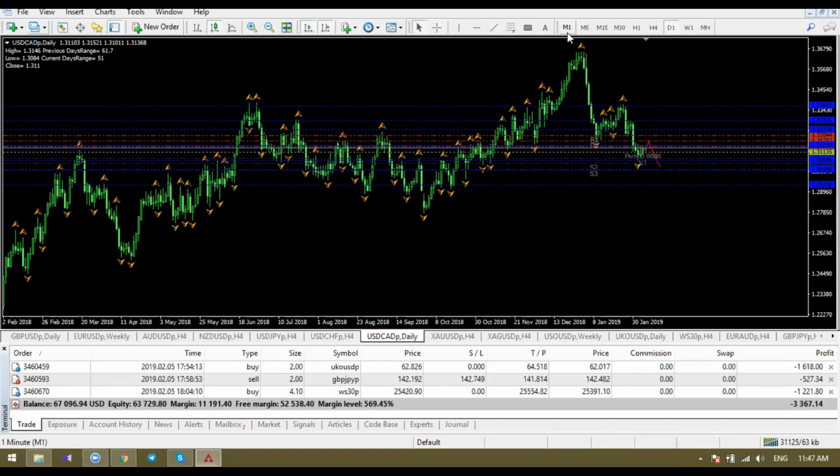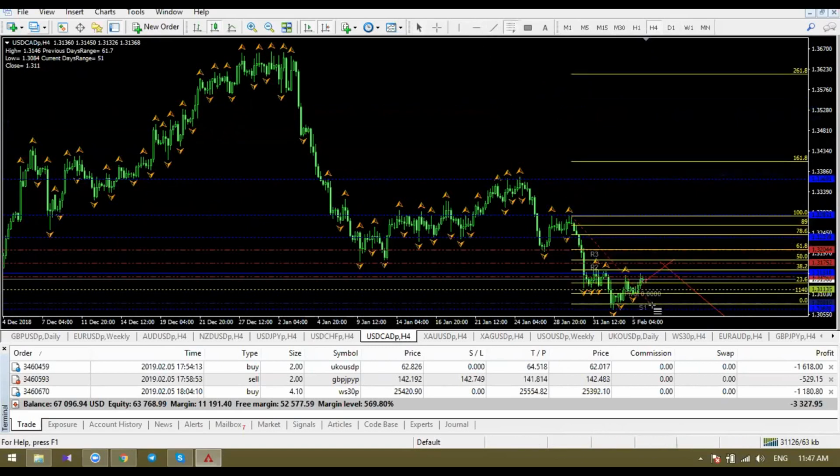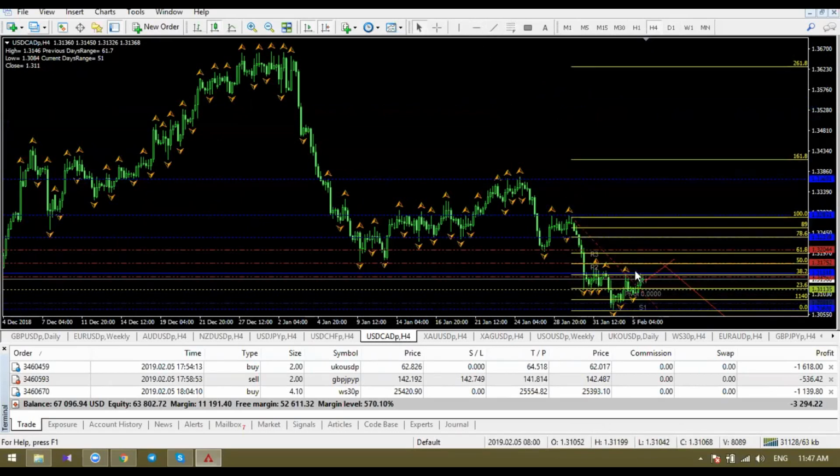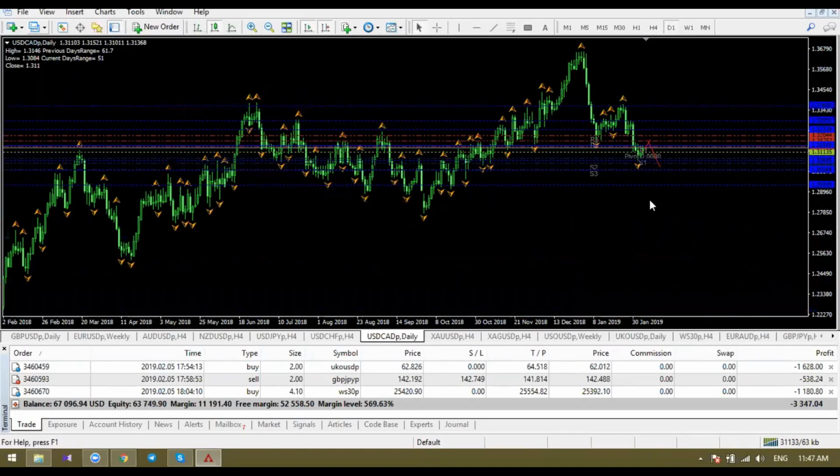Like this exactly. That's the Fibonacci, right? So if I do the Fibonacci right now, the Fibonacci of 50, if it reaches here, it falls rapidly. Why 50? Why not 61? That's for another session.